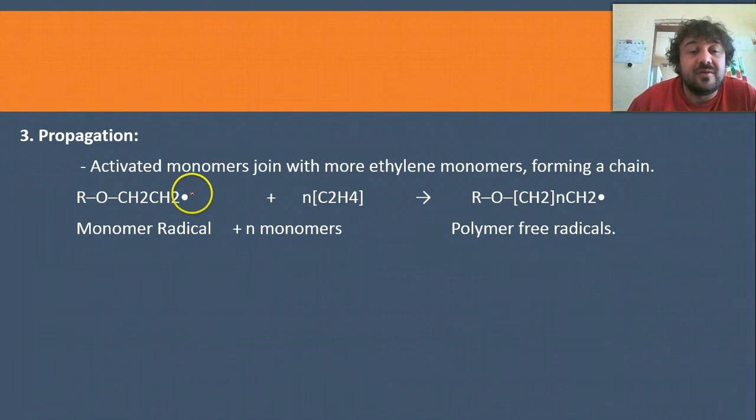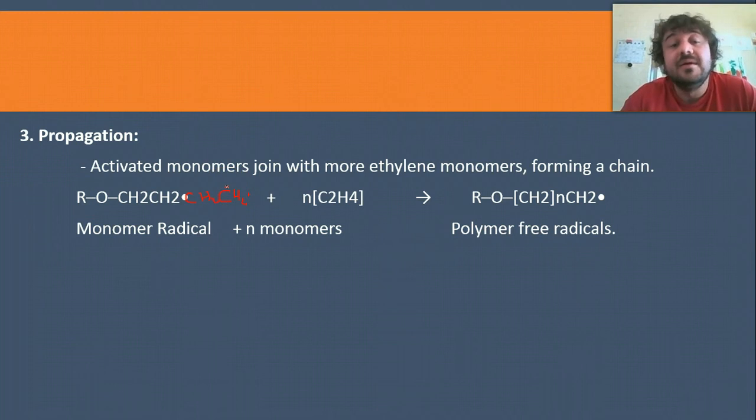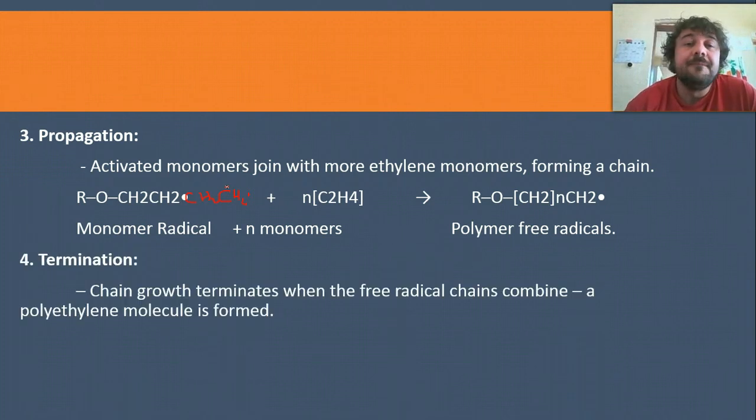The monomer joins, so we get another CH2CH2 free radical, which will then bump into another monomer, which will join, which will then bump into another, and so forth. And we get polymer free radicals, so we get long chains of free radicals.